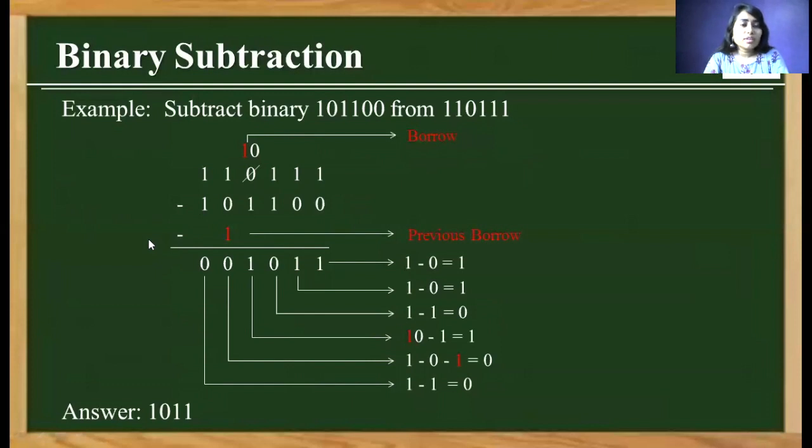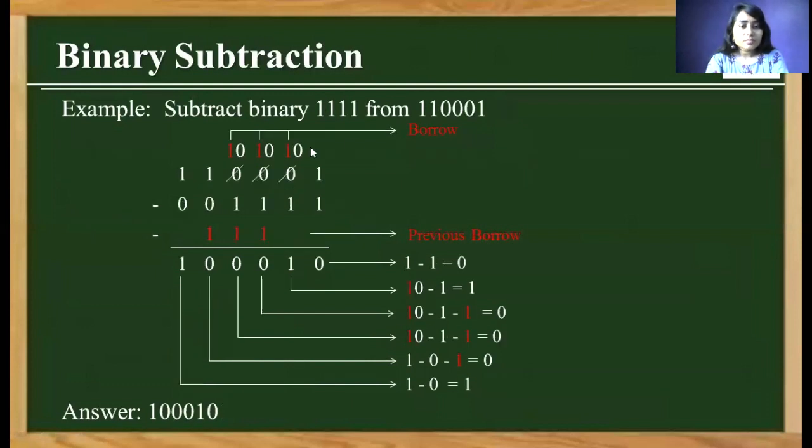Let's take another example. Here we have to subtract 1 1 1 from 1 1 0 0 0 1. To perform this subtraction, 1 minus 1, we have an answer 0. Then 0 minus 1 is not possible, so we have to take a borrow.